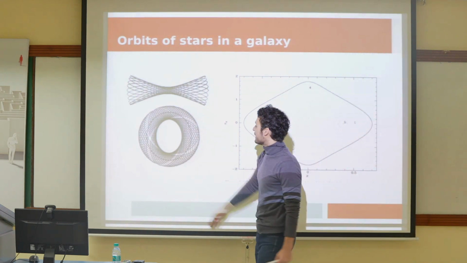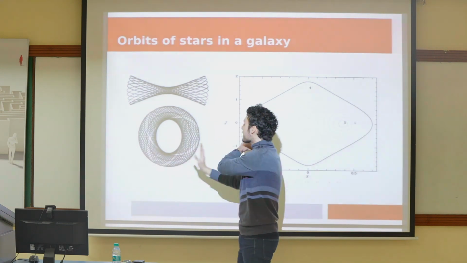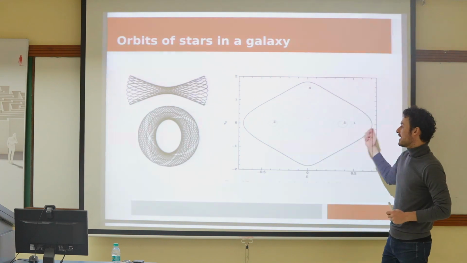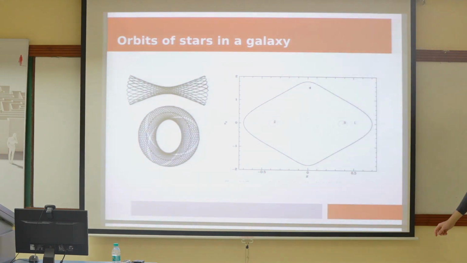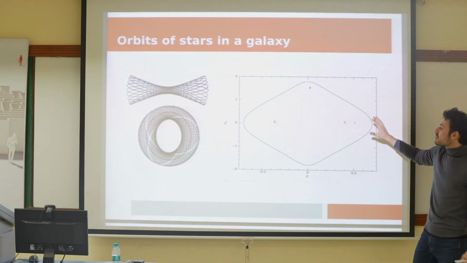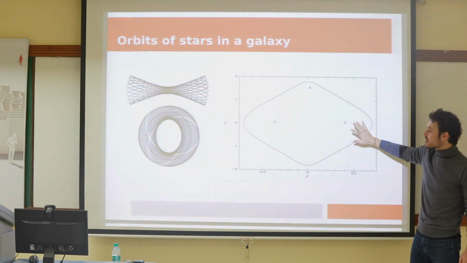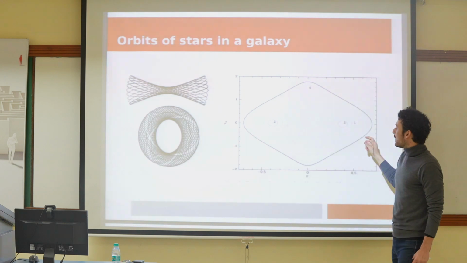So really just imagine I've put a plane like that, and I'm just looking at the position and speed of the star every time it crosses that plane. And what you'll see is that different families of orbits will show up differently, with different structures on this Poincaré section.